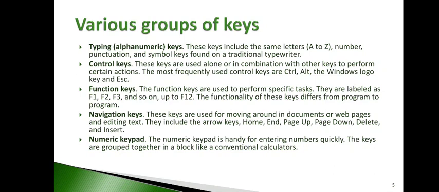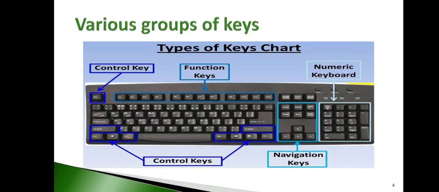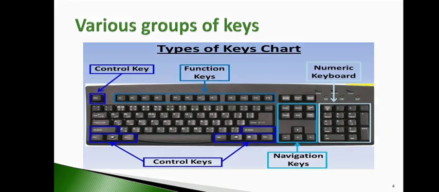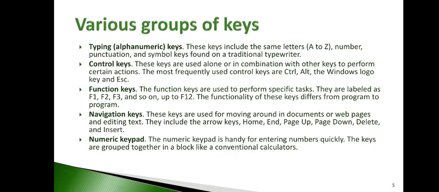If you see on the keyboard, function keys are present on the topmost row of your keyboard. F1, F2, F3, F4 up to F12. There are 12 function keys on your keyboard and these function keys are used to perform some specific task, and these tasks are not static, means they are not standardized.